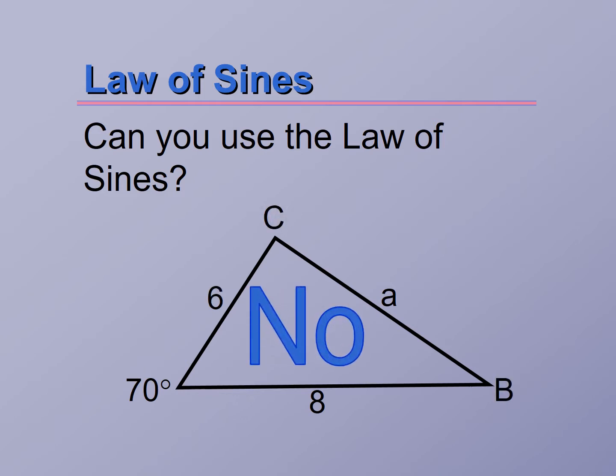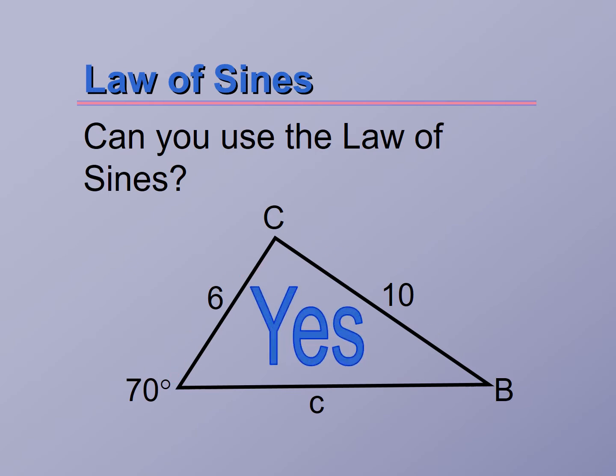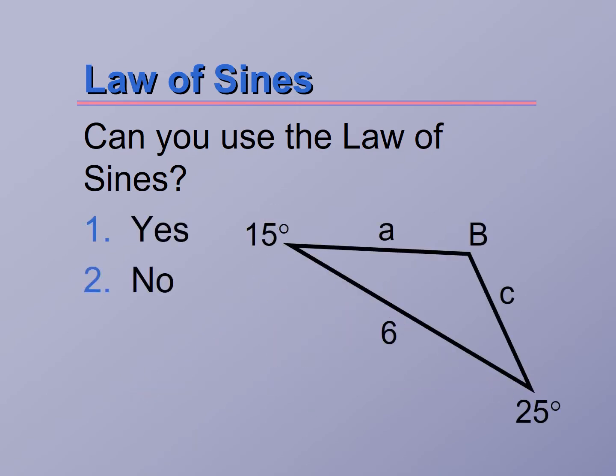And we cannot use law of sines on this one because we have side, angle, side, which is not one of the triangles that works for law of sines. So we would have to have side, side, angle, like this one. So this one we have side, side, angle, which means that we can use the law of sines on it.